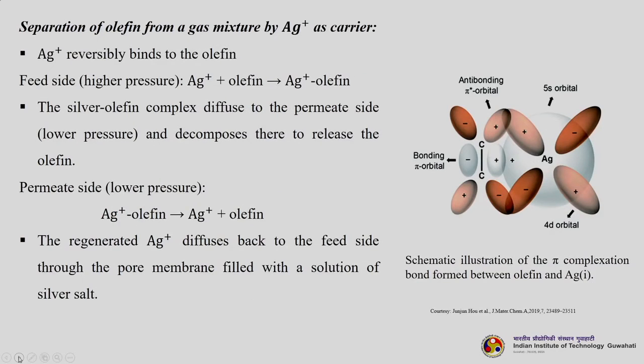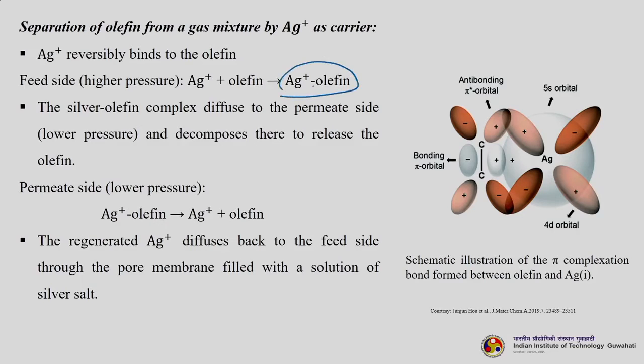Another example is a chemical industry example: separation of olefin from a gas mixture using silver as carrier. Silver reversibly binds to olefin. You can see the reaction: silver plus olefin gives a silver olefin complex. Now, the silver olefin complex diffuses to the permeate side, which is at lower pressure, and decomposes there to release the olefin.